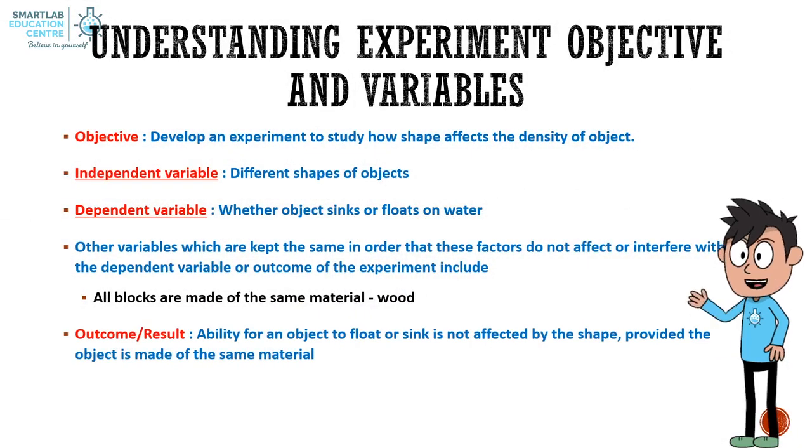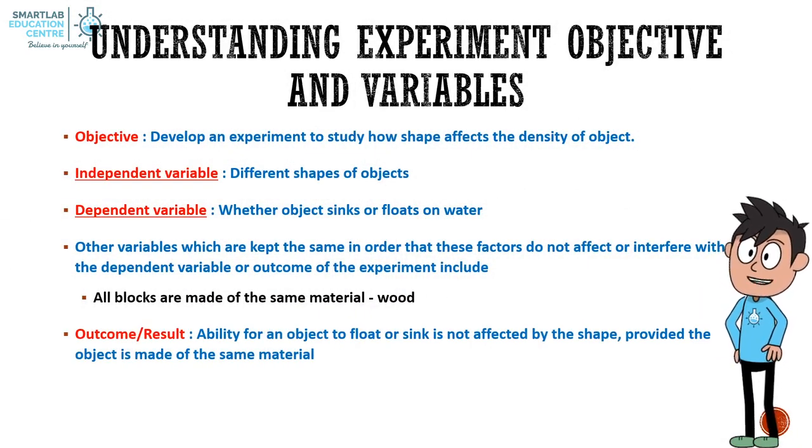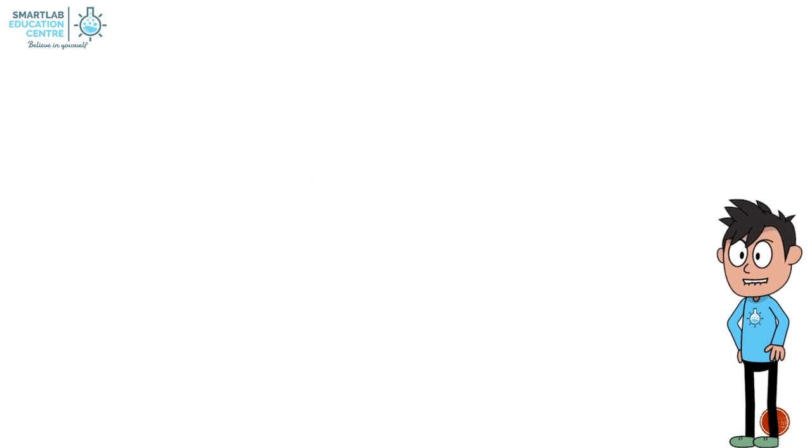Now we have our result. The ability for an object to float or sink is not affected by the shape, provided the object is made of the same material. Now are you ready for our first experiment?